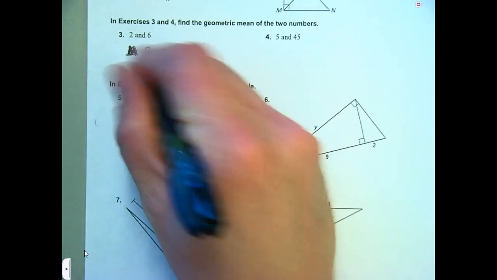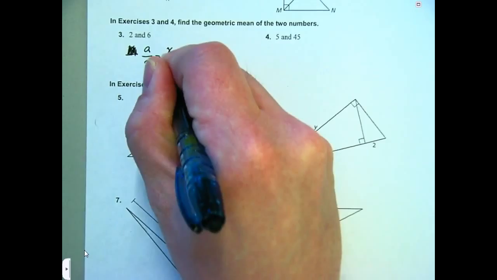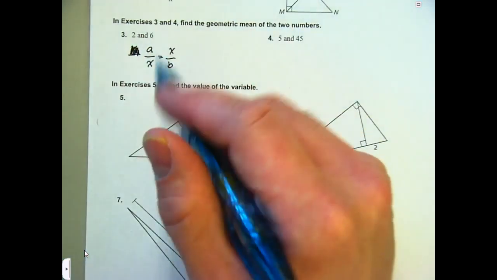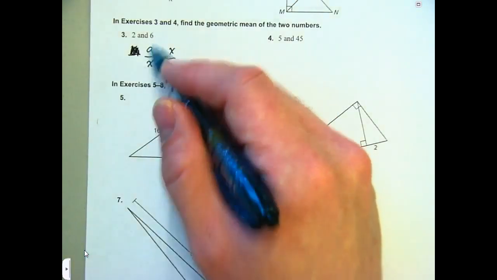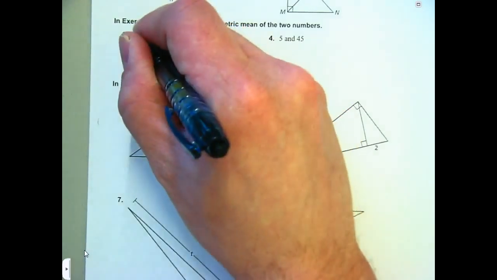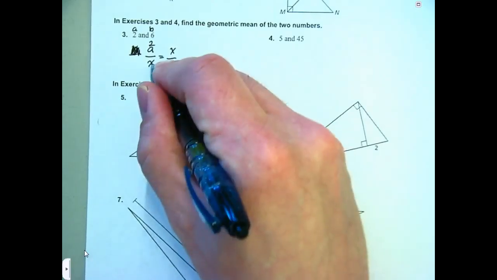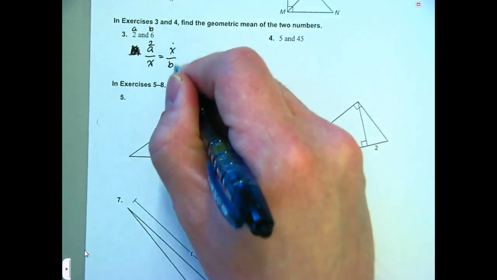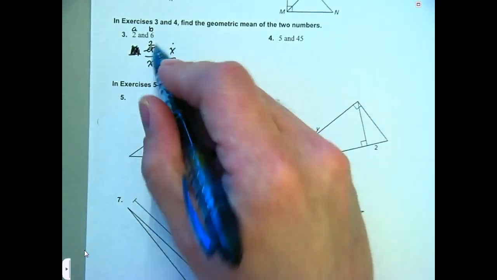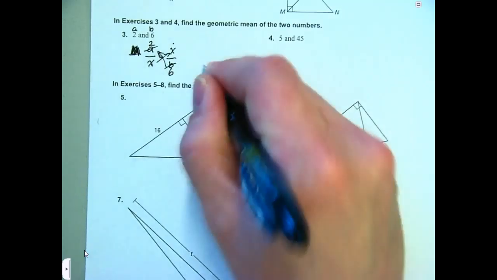I'm going to write it in proportion form first, just so that we get used to seeing that form. Even though if I'm actually finding the geometric mean, I'm probably not going to do that, you're going to see it in your text like that. You may see it in your quiz or online assignments like that as well. So if this is A and that's B, that would become 2 over x equals x over 6. Those pieces get substituted in for A and B. Then you cross multiply to get x squared equals 12.